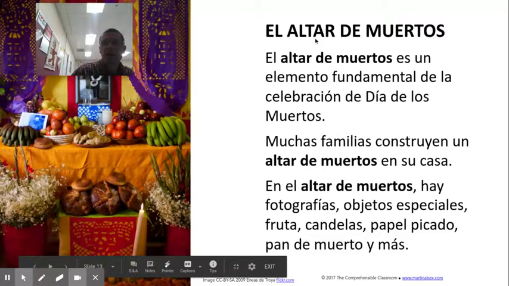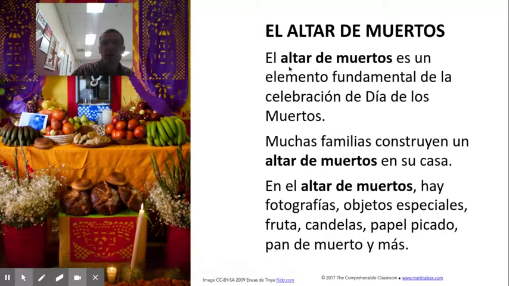El altar de muertos. El altar de muertos es un elemento fundamental de la celebración de Día de los Muertos. Fundamental. What word does that look like? It's principal. Es fundamental.